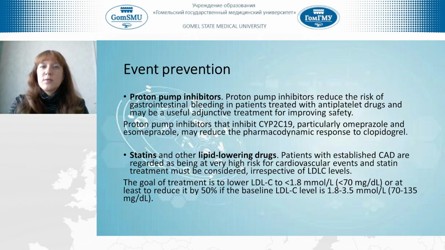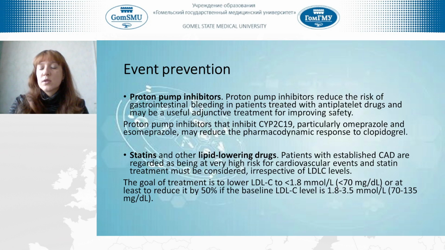Proton pump inhibitors. Proton pump inhibitors reduce the risk of gastrointestinal bleeding in patients treated with antiplatelet drugs and may be useful as adequate treatment. Proton pump inhibitors, particularly omeprazole, may reduce the pharmacological response to clopidogrel. Statins and other lipid-lowering drugs.